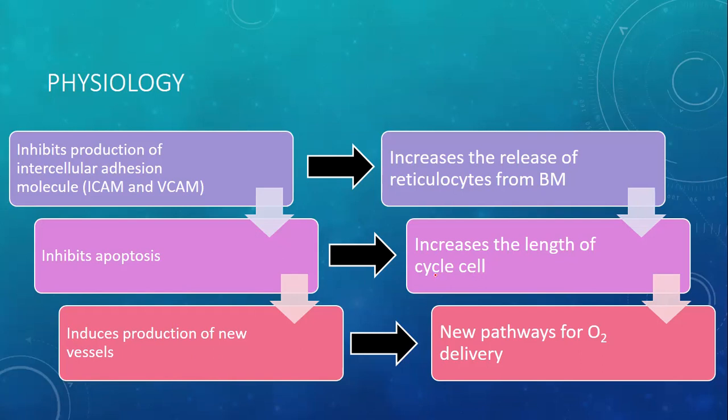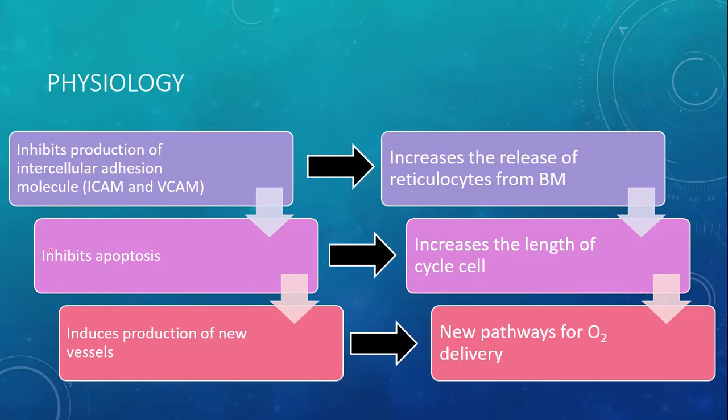And those cells who have some mistakes during their production are also supposed to die, right? Through this process, which is apoptosis.